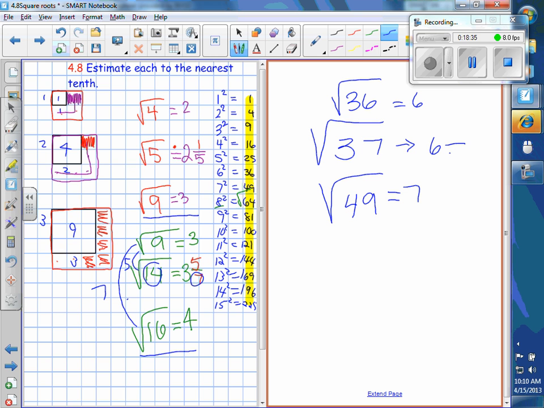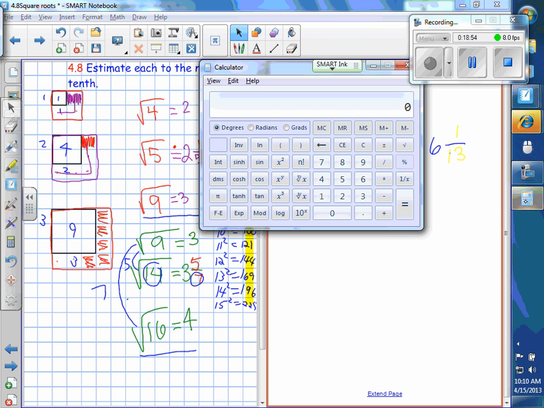To get from a perfect square of 36 to a perfect square of 49, I need 13 units. I've only got 1. That's my estimate. You can leave it in fraction form, but let's check it with the calculator. Whoa. 1 divided by 13 is 0.08, roughly, right?